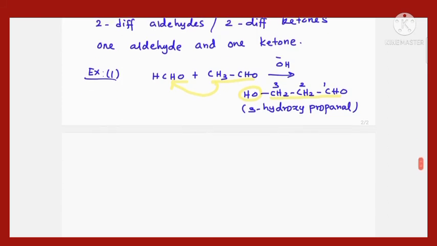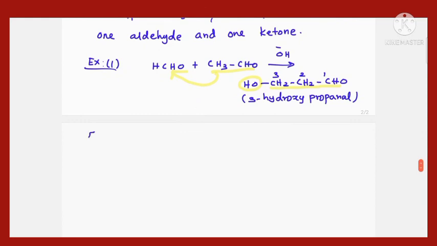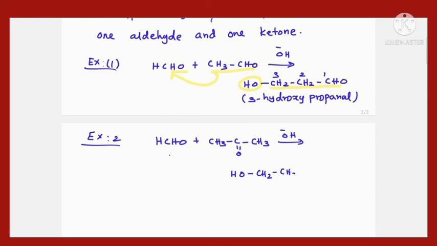Okay, right. I give one more example for the same, a reaction between an aldehyde and a ketone. HCHO is nothing but formaldehyde. When it reacts with a ketone of formula CH3 single bond CO single bond CH3, acetone, in the presence of a base OH minus, the product formed is HO single bond CH2 single bond CH2 C double bond O CH3.